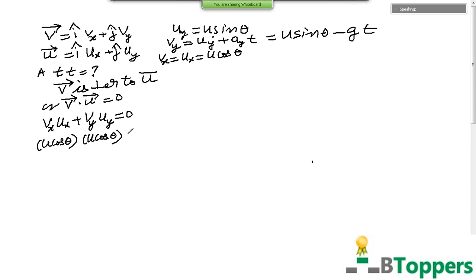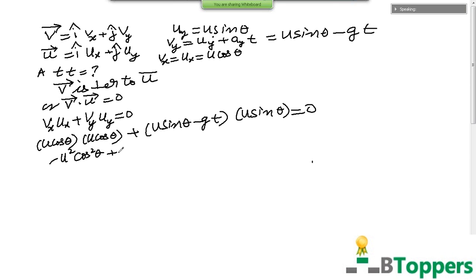So you can substitute here Vx equal to u cos theta, Ux equal to u cos theta, Vy equal to u sin theta minus gt, and Uy equal to u sin theta. Simplify this, you get u square cos square theta plus u square sin square theta minus g t u sin theta.